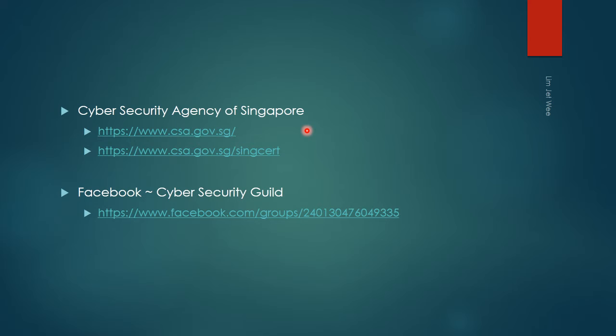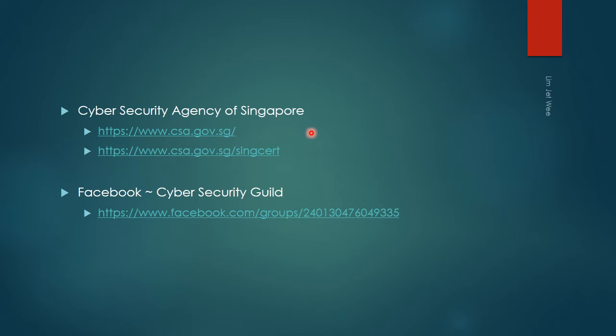If you are in Singapore, I would suggest you have a look at CSA SingCERT, which is the Computer Emergency Response Team. Last time they were a website by themselves, but now they are part of the CSA, the Cyber Security Agency. Or join, collaborate, and share information with people that you can trust.